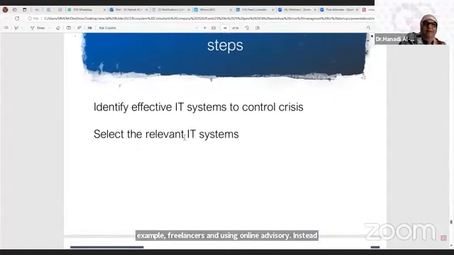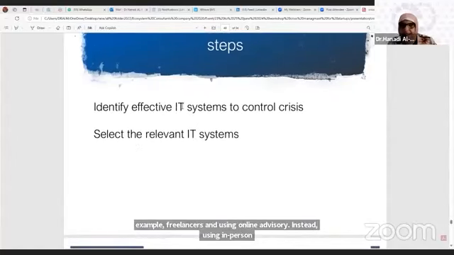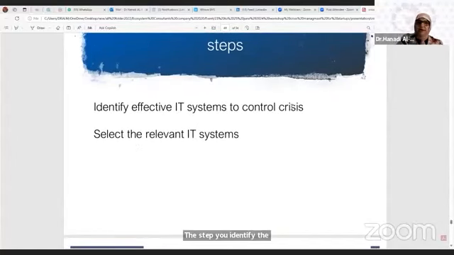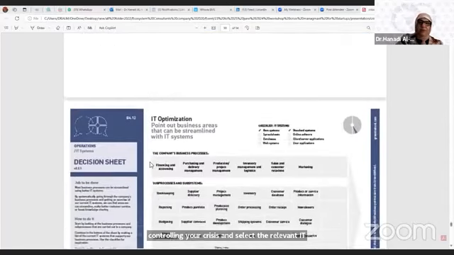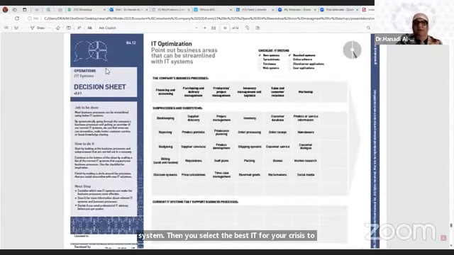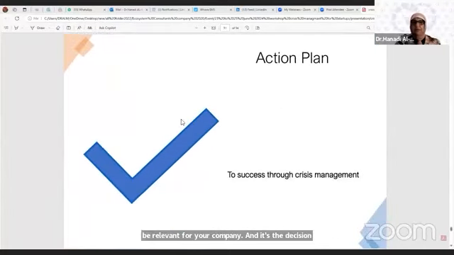The step, you identify the effective IT system to control your crisis and select the relevant IT system. Then you select the best IT for your crisis to be relevant for your company. And it's the decision sheet again about IT optimization.